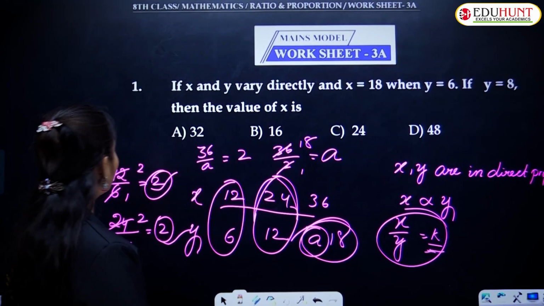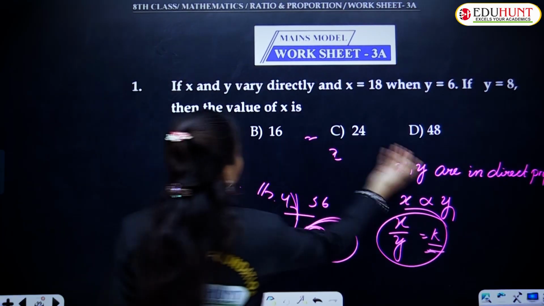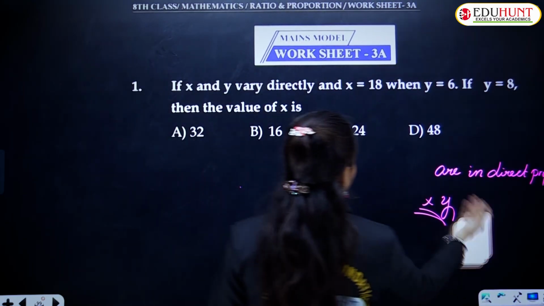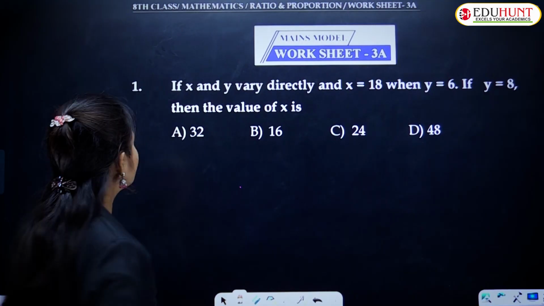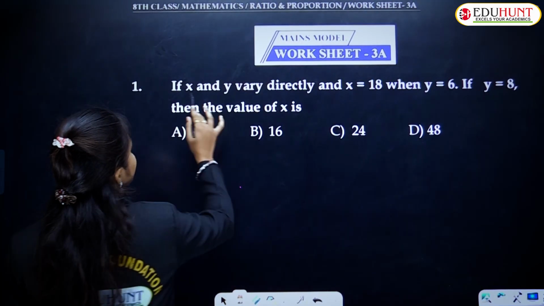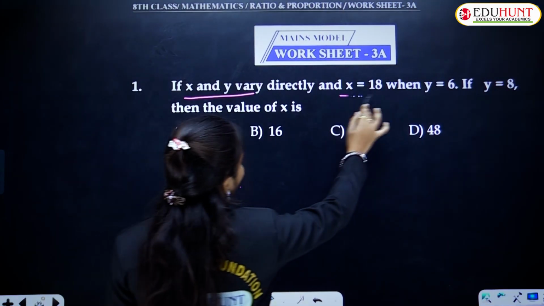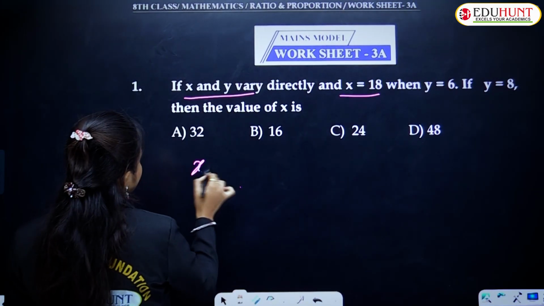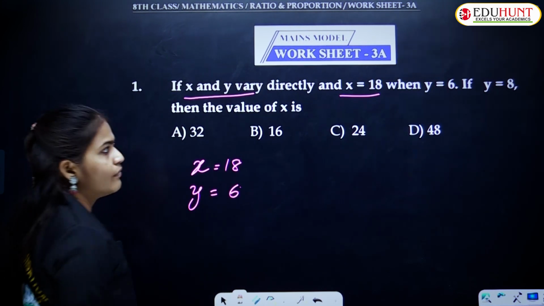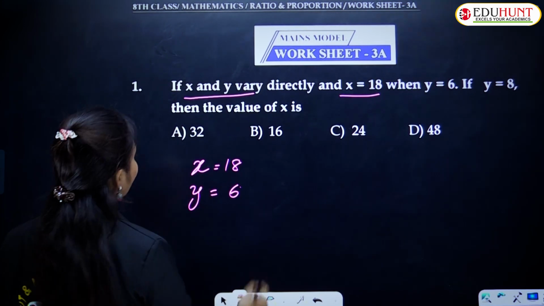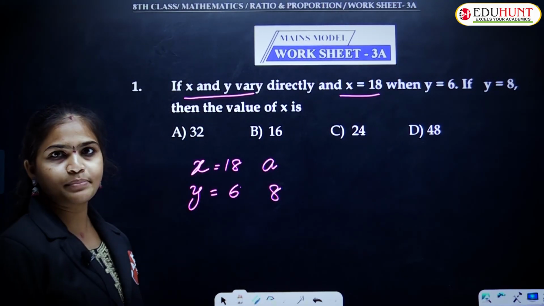Let us see what question they have given. By using the same concept, if x and y vary directly and x is equal to 18 when y is equal to 6, and if y is equal to 8, then let the value of x be a.